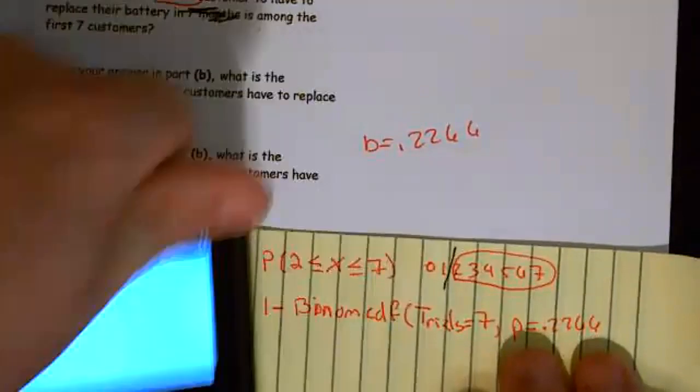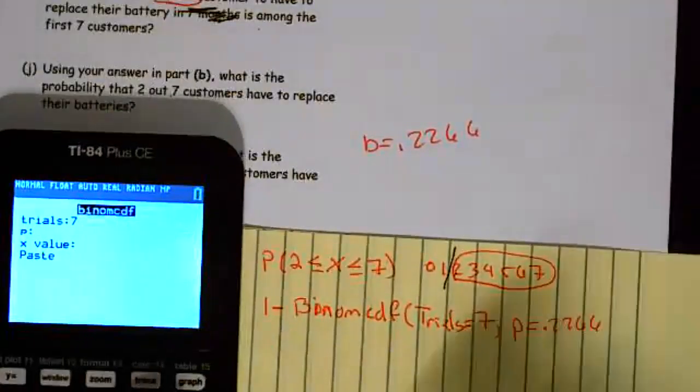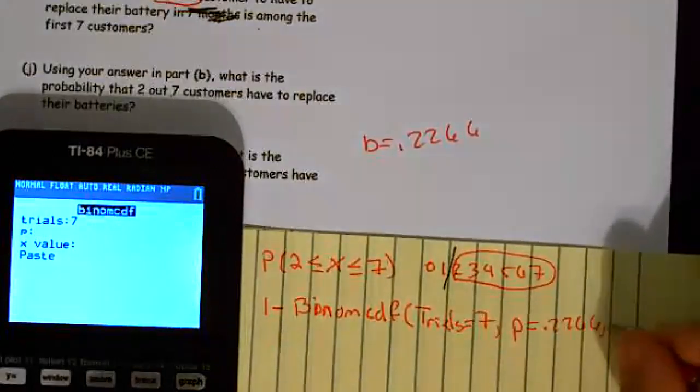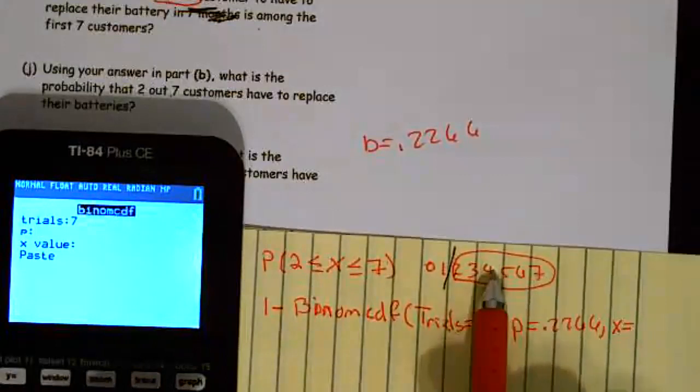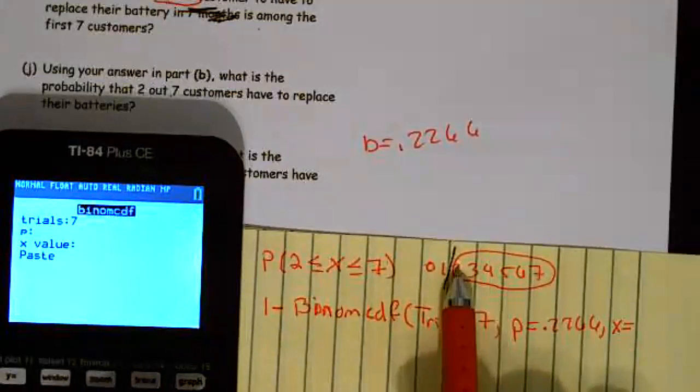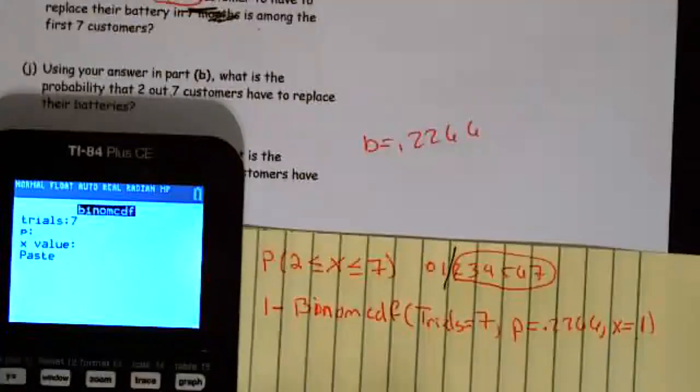Then we have to be really, really careful with this. All right, we have to subtract what we don't want. Well, I want 7, I want 6, I want 5, I want 4, I want 3, I want 2. So I'm not going to subtract any of those. The highest thing I don't want is 1. So that's what I'm going to subtract. So that's what's going there. All right. So 0.2266. X value is 1.